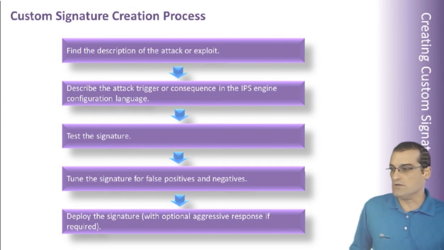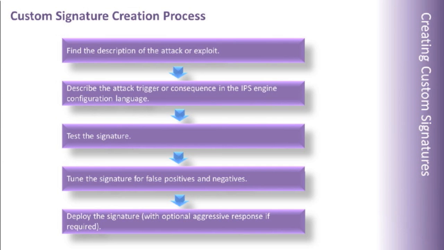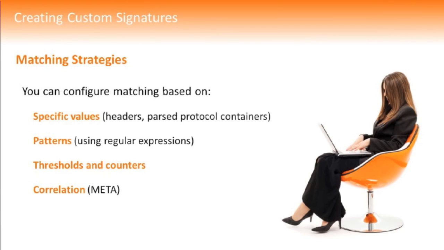With your deployment, you would take advantage of all of the nice odds and ends that we talked about with intrusion prevention systems, like the summarization of the alerts and the event action overrides or the event action filters. We'd take advantage of all of those great features when we are deploying our custom signature.